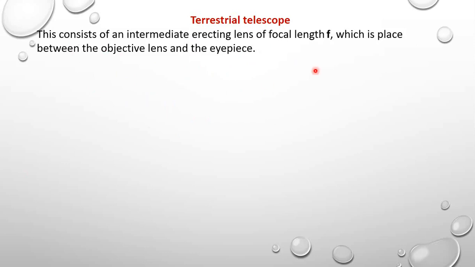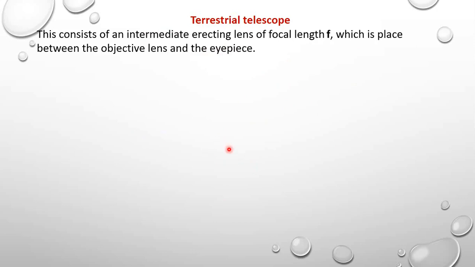This erecting lens should be at a distance 2f after the principal focus of the objective and a distance 2f before the principal focus of the eyepiece, as we shall see in the illustration.